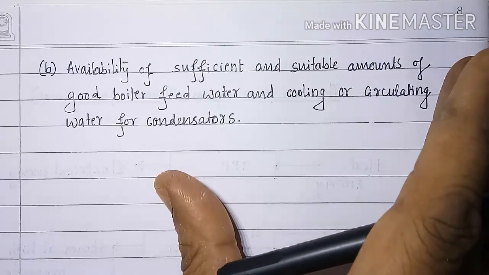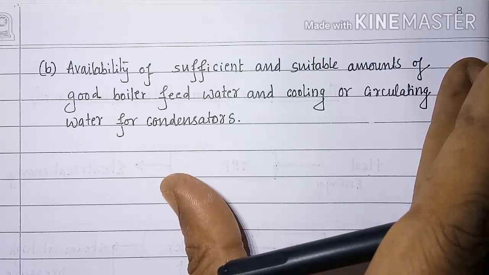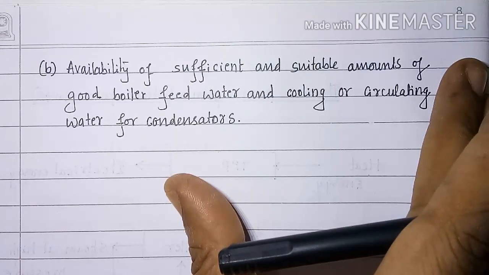So, water that is available in that site should be of good quality. Good quality means it should not be either too acidic or basic, or it should not be very hard water, and so on.